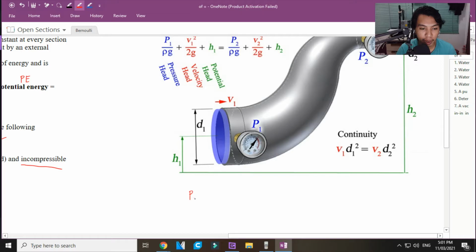Ito yung pressure energy plus potential energy 1 plus KE1 plus head loss 1 equal to P2 plus PE2 plus KE2 plus head loss 2.